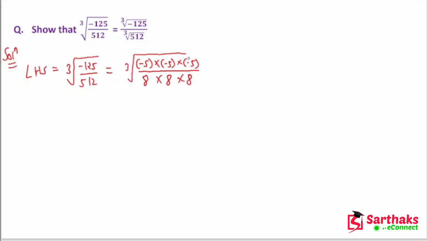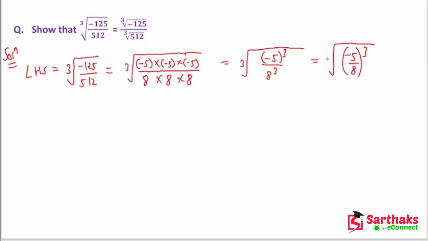So it would be 8 into 8 into 8. Now using exponents and powers, we will have minus 5 cube whole upon 8 cube, and using exponents and powers again, we have minus 5 upon 8 whole cube, right? So cube root will cancel them out and we will have minus 5 upon 8. So that was the LHS.